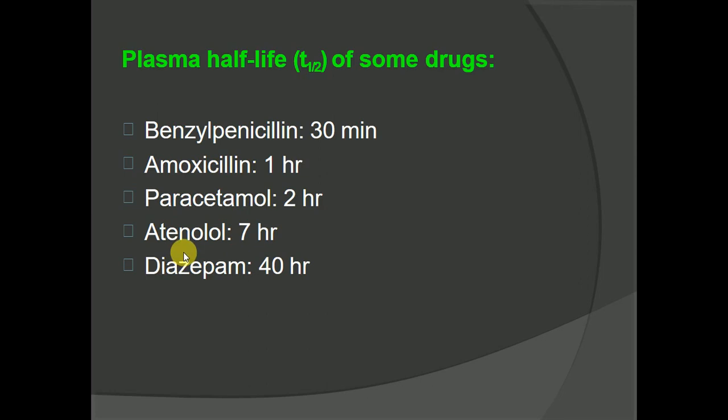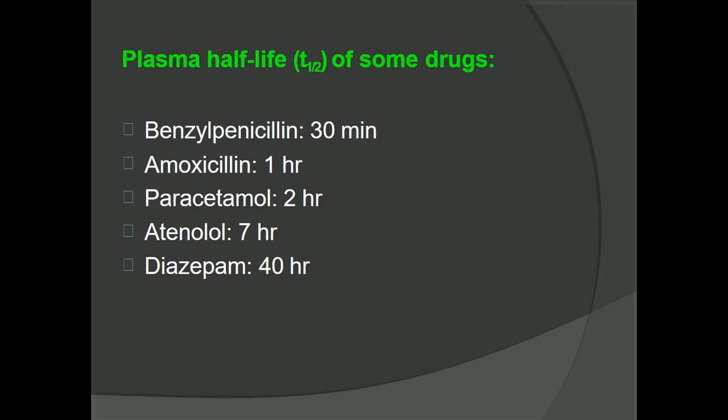Let's suppose we have atenolol, which is used in the treatment of hypertension. It is an antihypertensive drug. For example, Tenormin is available in the market in a dose of, let's suppose, 50 milligrams.